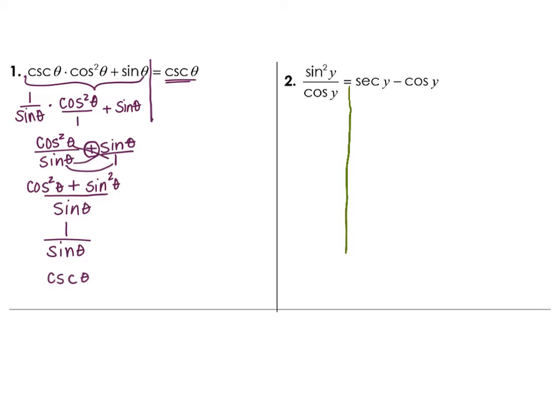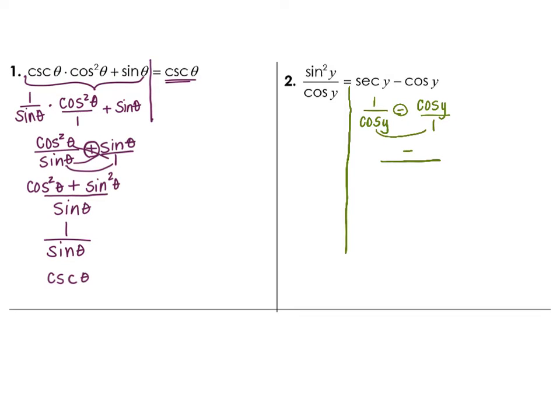And with that, secant, I know that's 1 over cosine y minus, and then this is going to be cosine y, and I'm going to put that over 1. Now we're going to get a common denominator here and add those together, and notice we will have a minus sign.